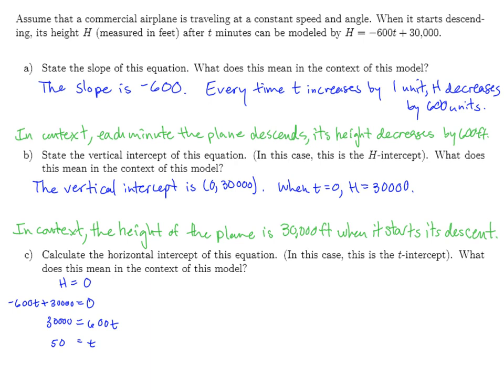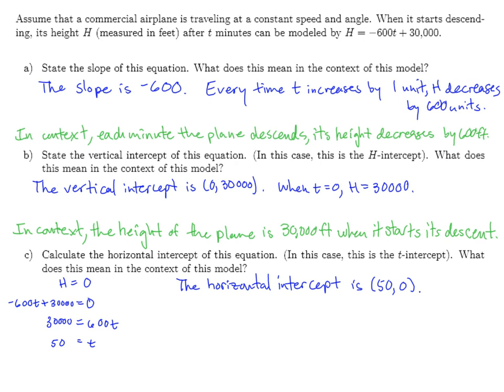That tells me then that the horizontal intercept is the point (50, 0). Now, when the height is 0, the time is 50 minutes. So, in context, we could state that after 50 minutes, the height is 0.